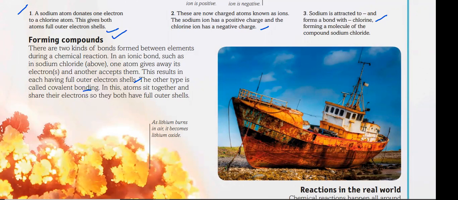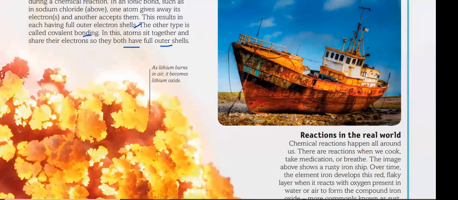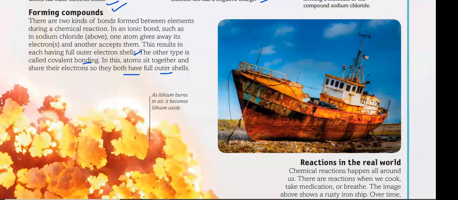In this, atoms sit together and share their electrons so that they have full outer shells after the sharing of electrons. Suppose you take lithium as an example. Lithium also tries to lose electrons and form ionic bonds, but because of its small size, it produces maximum covalent nature in chemical reactions.